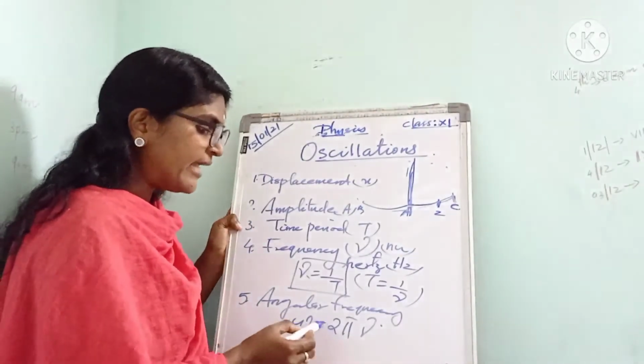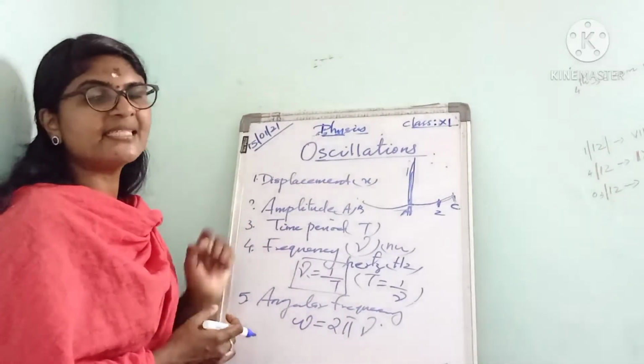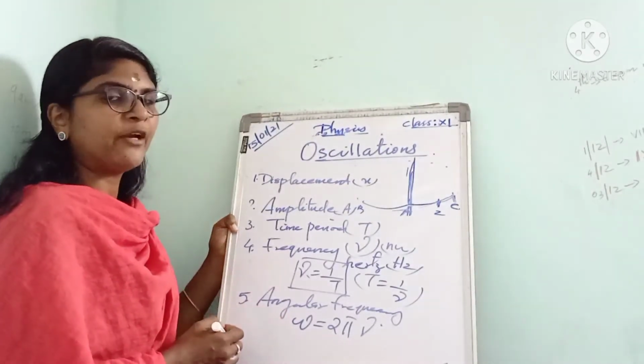So the angular frequency omega can be written as 2 pi nu. When we multiply the frequency nu by the factor 2 pi, we get the angular frequency. That is, omega equals 2 pi nu.